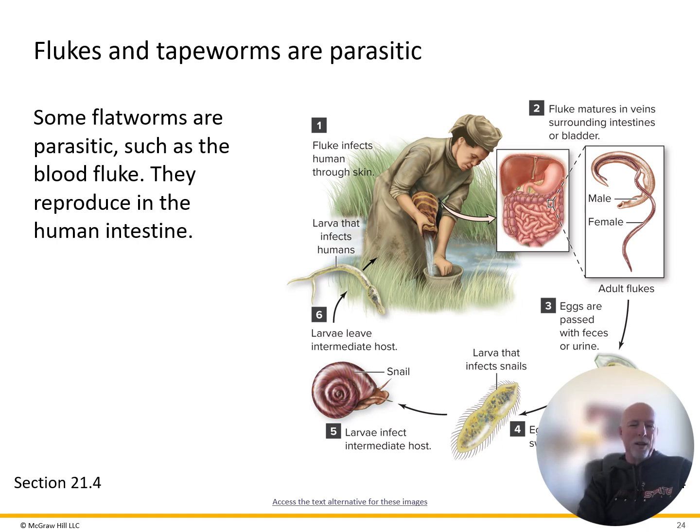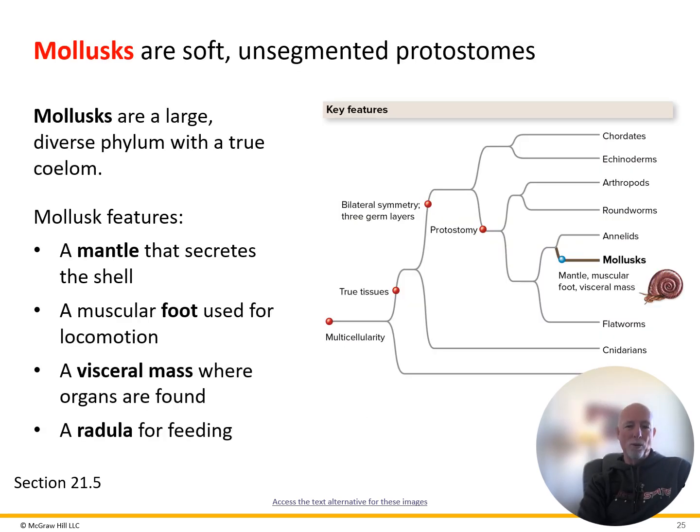Usually do not cause death. Pretty rare to have deaths associated with tapeworm or parasitic flukes, but some of them have multiple life stages, multiple hosts. Fish are often a host, a mid-level host. Snails are often a mid-level host for these, but very complex life cycles and multiple hosts.